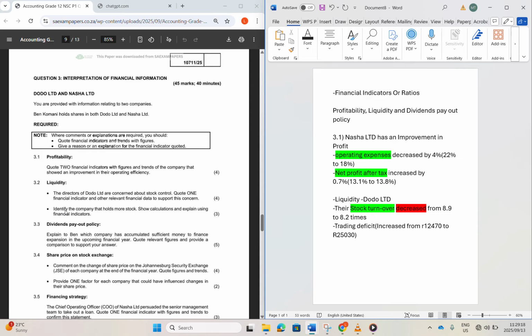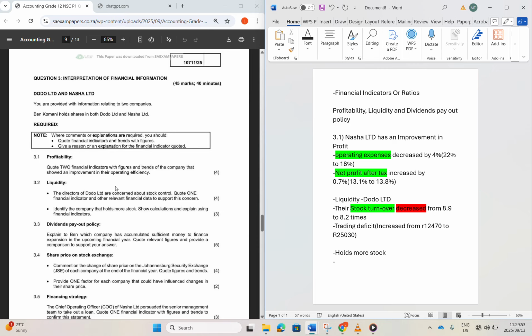Then they say identify the company that holds more stock, show calculations and explain using financial indicators. So we want a company that holds more stock, and we have to support using our financial indicators.